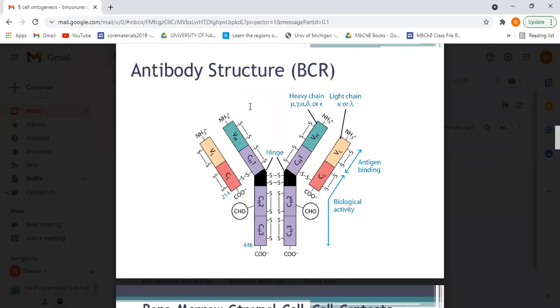So you can see there we have the heavy chain as well as the light chain. And like I've said, this constitutes the immunoglobulin structure, and we have the antigen binding sites, and also the biological activity or the stem site of the immunoglobulin. Next slide.